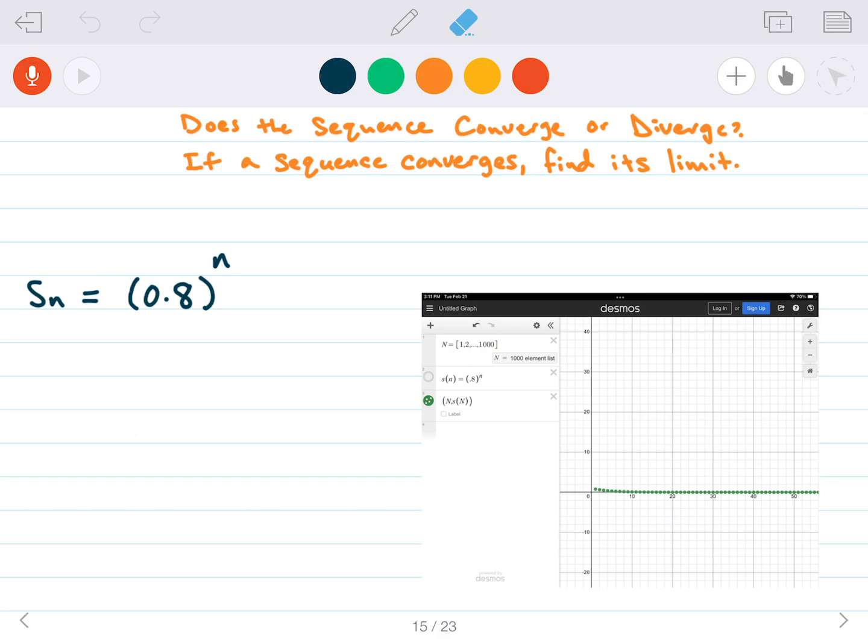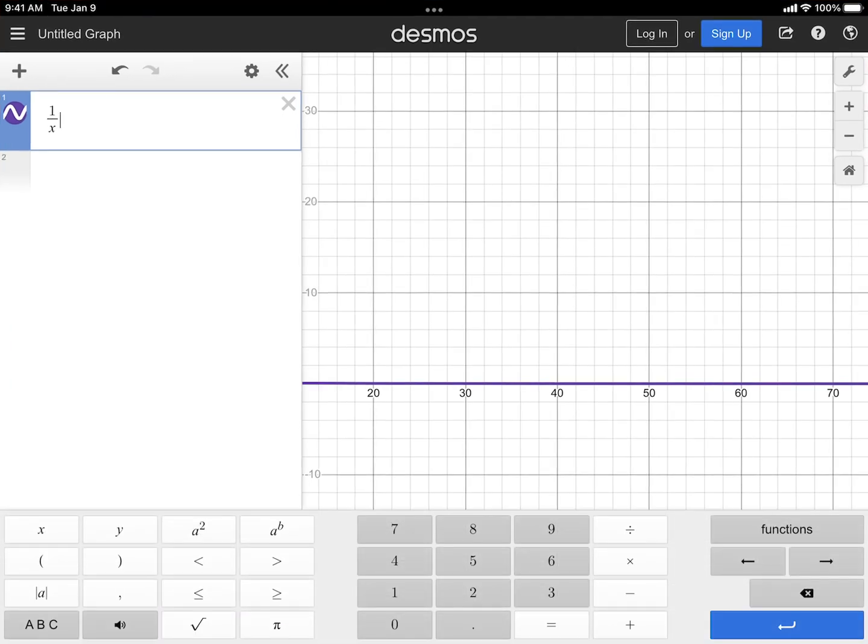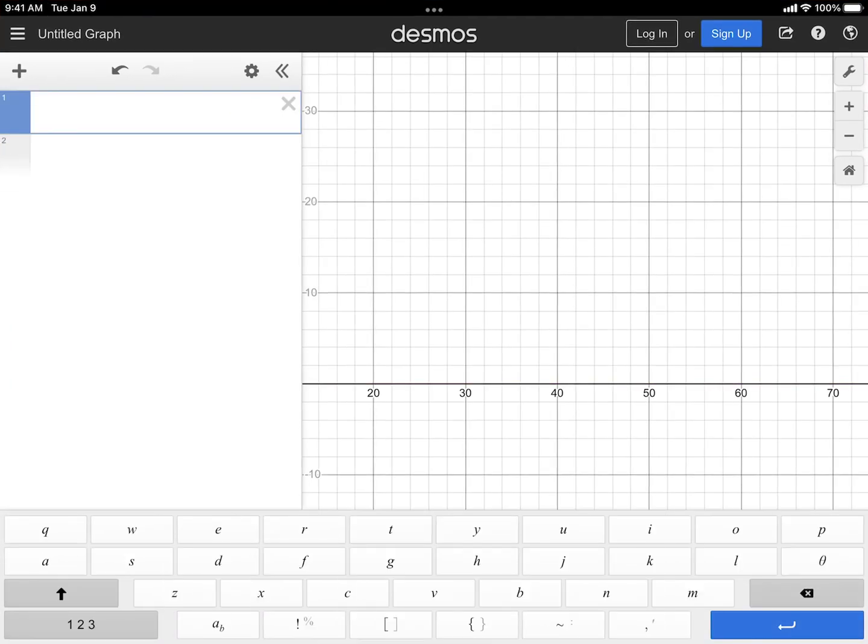Now let's talk about convergence and divergence. So does the sequence converge or diverge? If it converges, find its limit. Okay, so this is how we can write sequences in Desmos. We start with a list. Let's say capital N. This is how we put our list in.